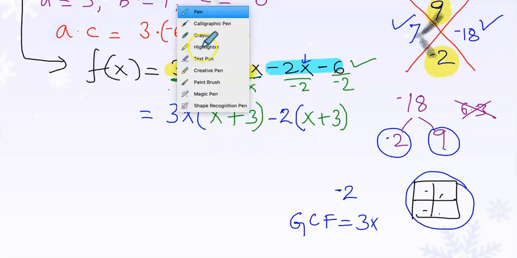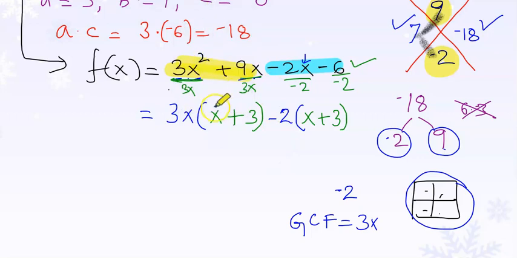Now, moving forward, what do you see here? In this term, 3x times x plus 3 and minus 2 times x plus 3. I am seeing this x plus 3 in those two terms.